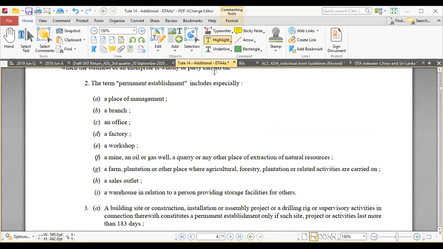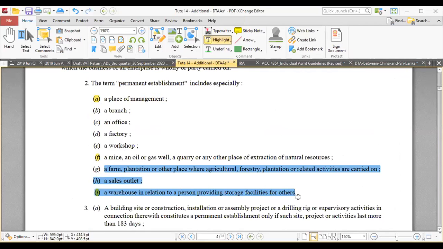If you go to India, they have A to I, not only F. They additionally have these three. Then you need to elaborate that, and highlight that they go into detail in order to capture the permanent establishment. Then, why is permanent establishment important?